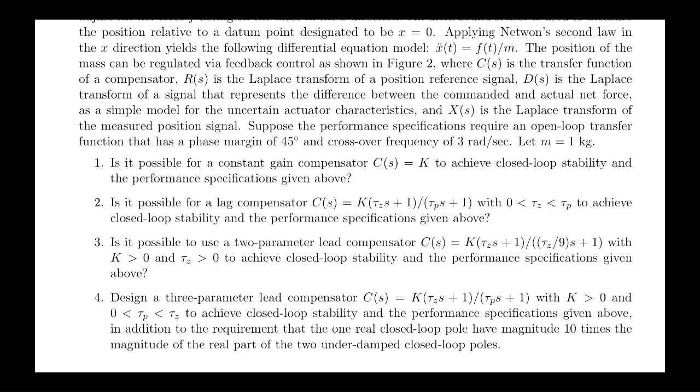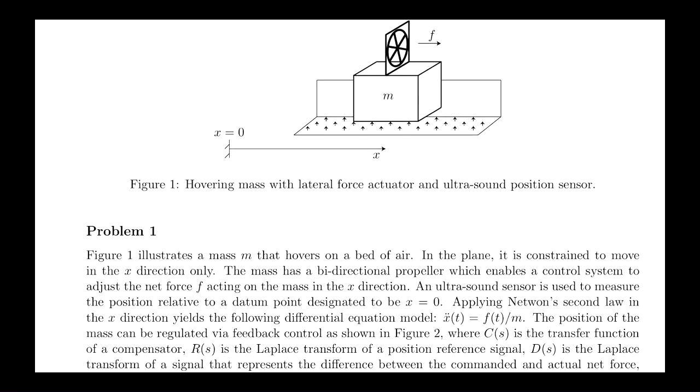And what we're trying to achieve are certain closed loop specifications expressed in terms of a desired phase margin and crossover frequency for the open loop transfer function, which, as we know, is just the product of the controller and plant transfer functions. So the plant transfer function in this case is a relationship between the force imparted by spinning the propeller, and the position of the mass.